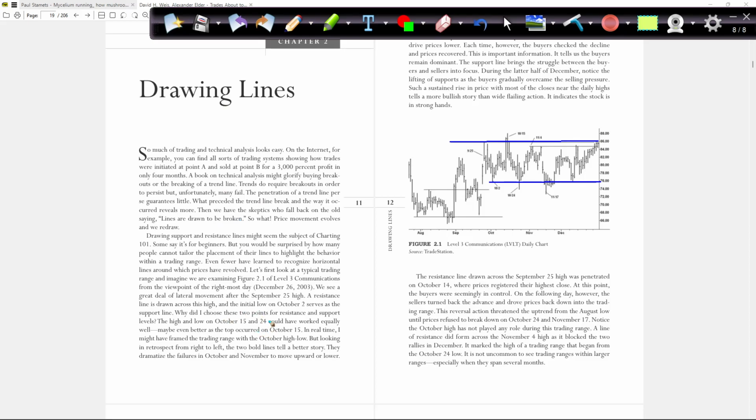What it's saying is a resistance line is drawn across this high, and the initial low on October 2 serves as the support line.